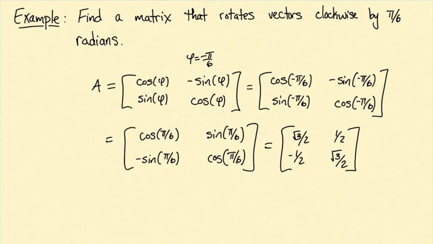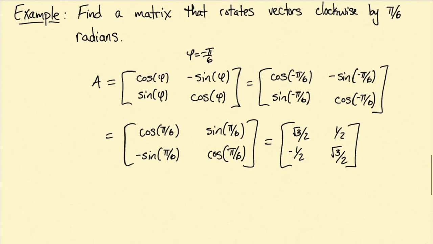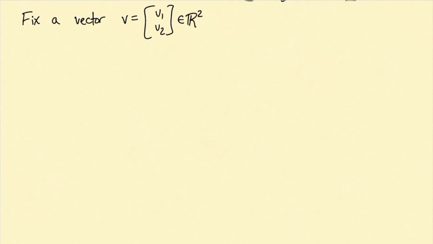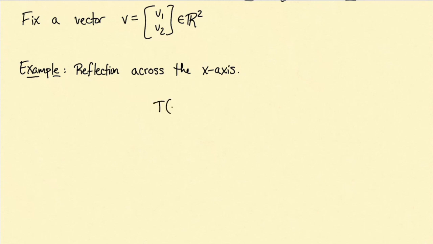We can also use this to represent some familiar operations from graph transformations. For the next couple of examples, we're going to fix a vector v whose coordinates are v1 and v2. Our first example will be reflection across the x-axis. We can write down exactly what our transformation is supposed to do.